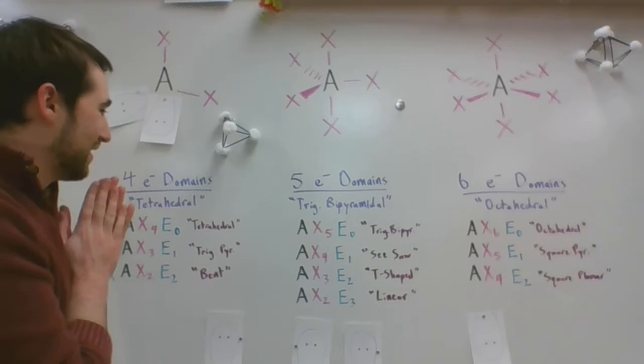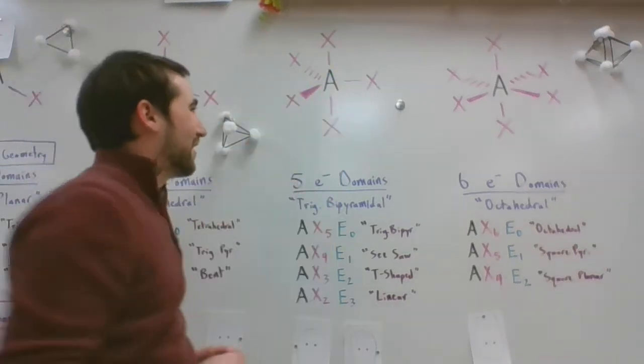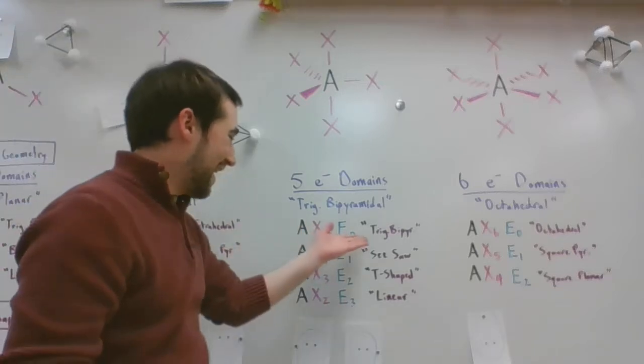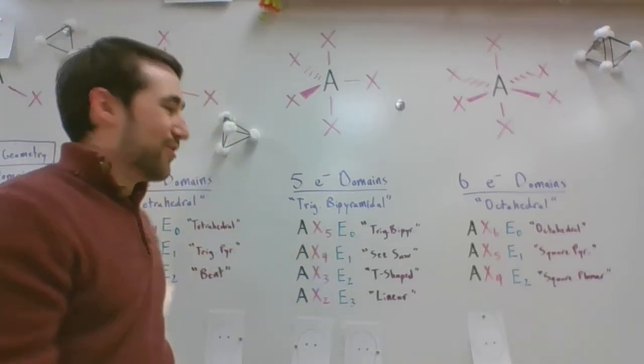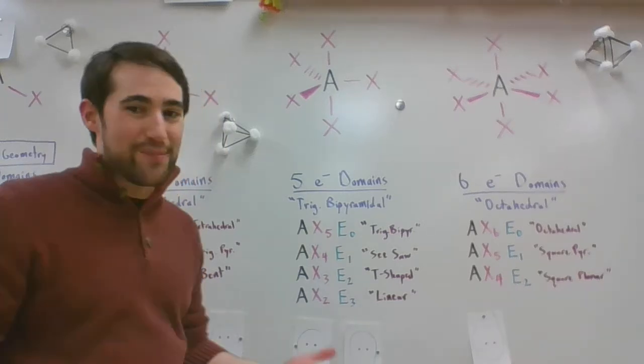Our first shape is just all of these bonded atoms, which is AX5E0 or just AX5. We still call that a trigonal bipyramid or trigonal bipyramidal.